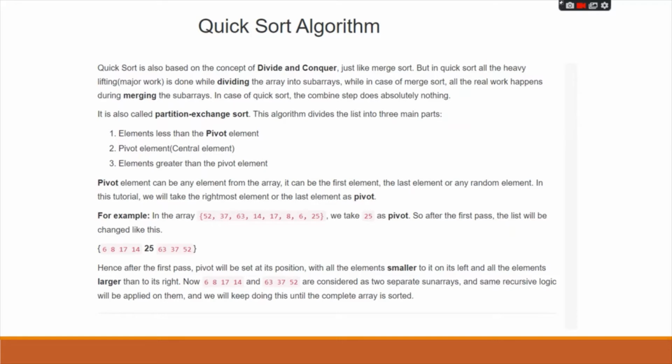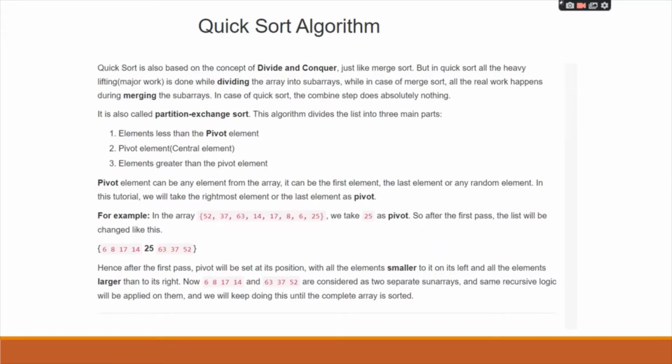If we closely observe the array, you can see that to the left of 25 all the elements are lesser than 25, and to the right of 25 all the elements are greater than 25. Hence after the first pass, the pivot will be set at its position with all the smaller elements on its left and all the larger elements on its right.